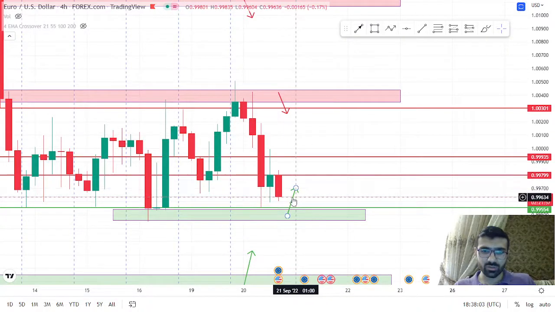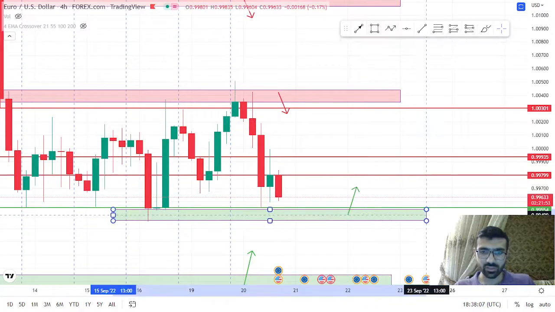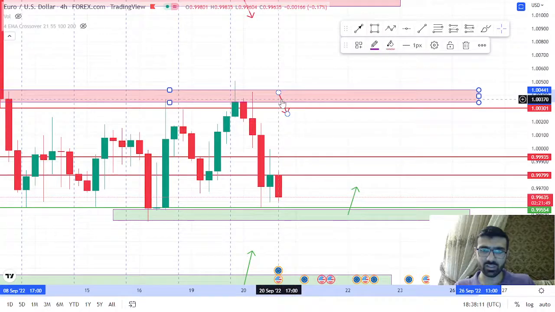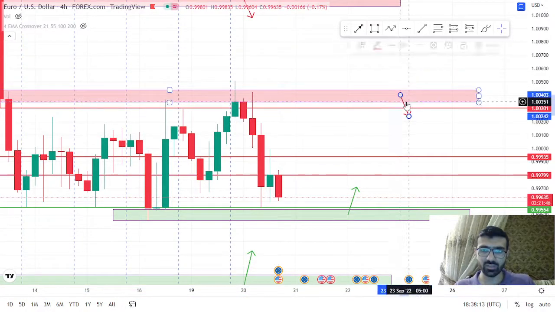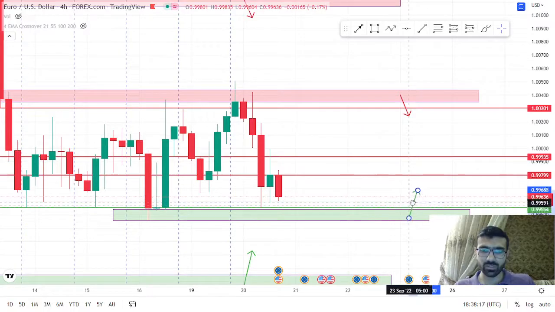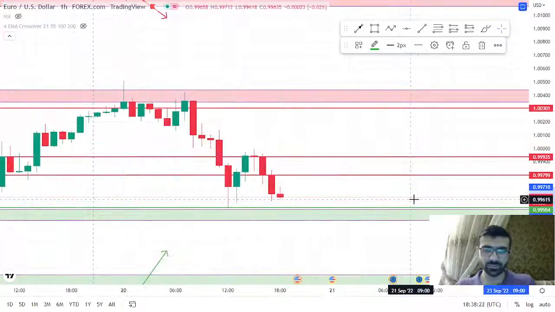Okay, so now let me move this arrow a little further, as it is an arrow for buying, and this my bonus area is an area for selling. Okay, so now how are we going to buy and sell this pair? It is quite easy. Let us move to the 1-hour chart.